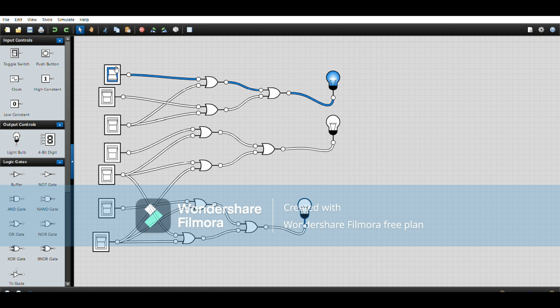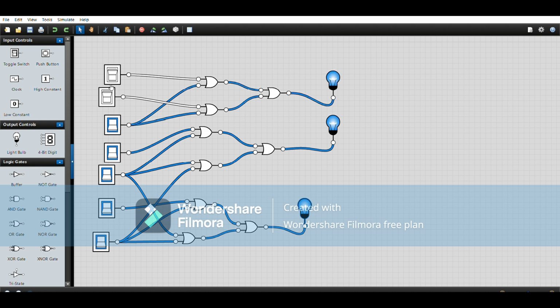Yes, we have successfully constructed a combinational logic circuit for encoder. Let us see its example inputs and output operations.